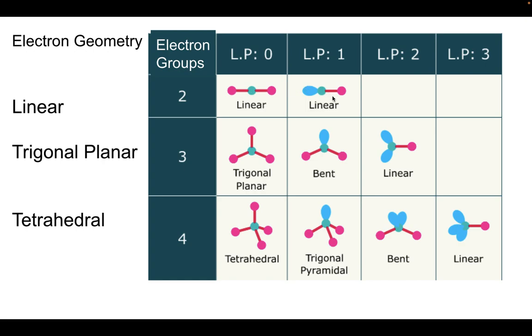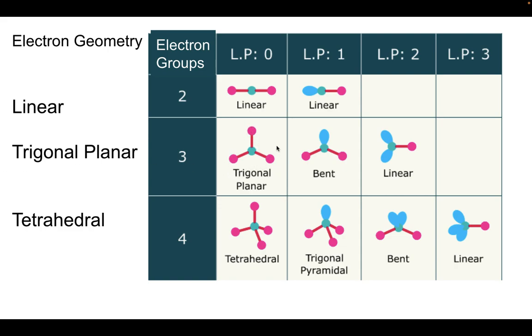And if one of them is a lone pair, your molecular shape will also be linear. If you've got three electron groups around your central atom, your electron geometry is going to be trigonal planar.